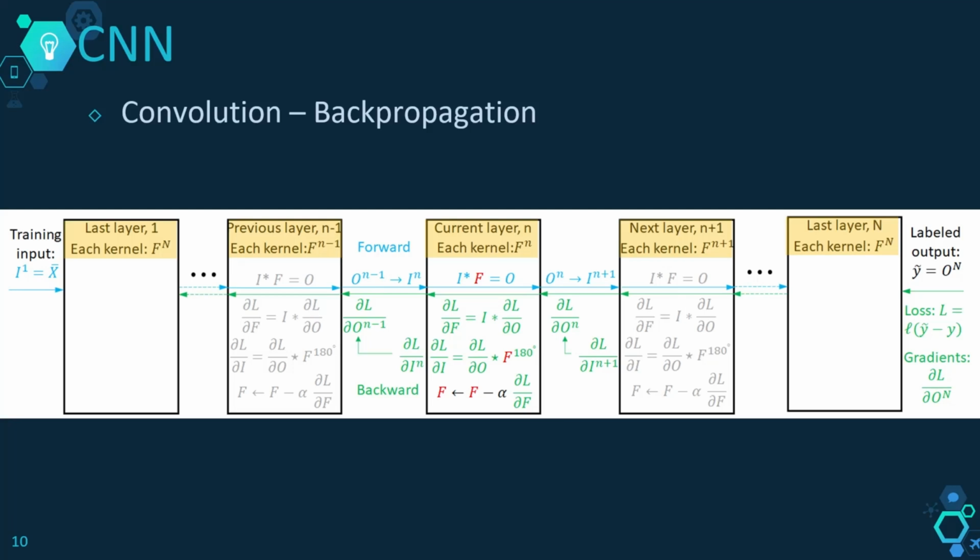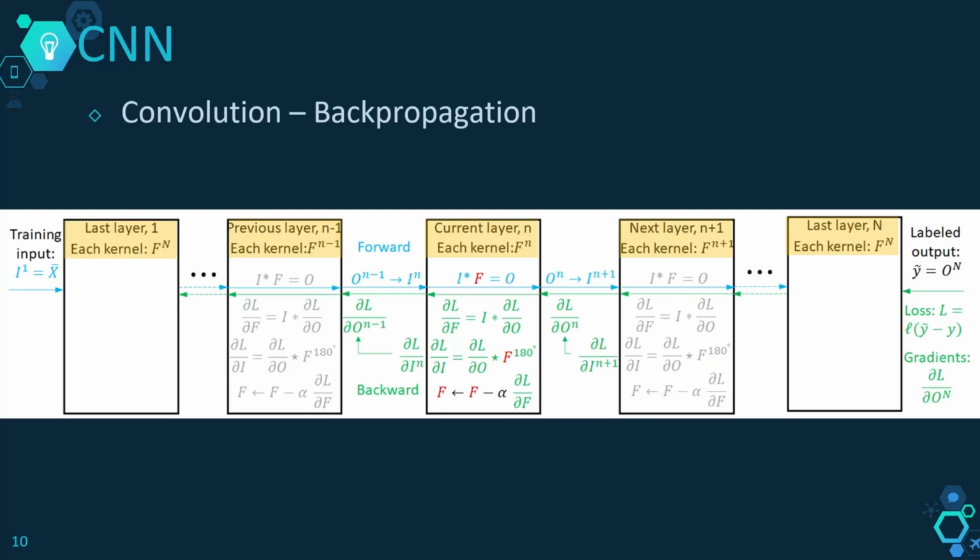Actually this is the complicated part. It comes from the next layer. So for the current layer N, partial L, partial O_N equals partial L, partial I_(N+1). Again, that is because the output O_N of the current layer N equals the input of the next layer, right?